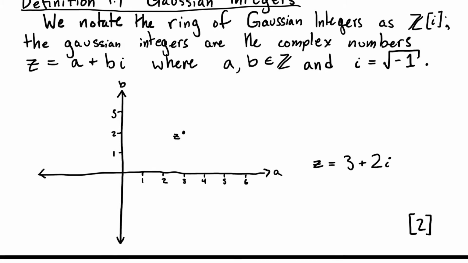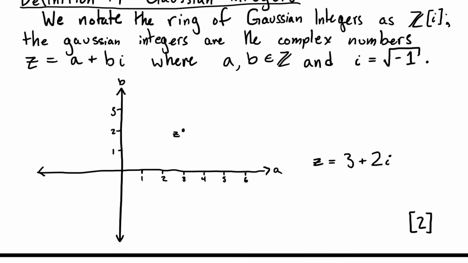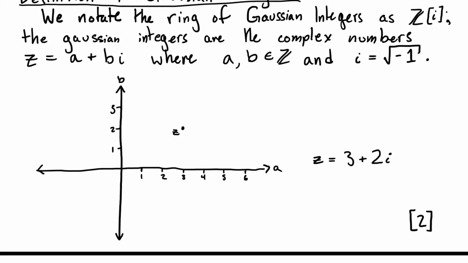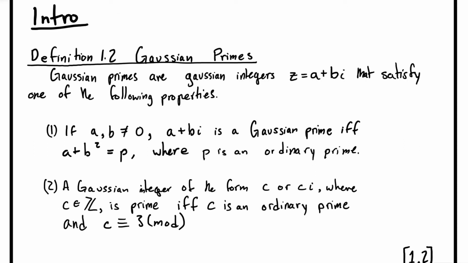Now, a Gaussian prime is a Gaussian integer z equal to a plus bi that satisfies one of the following properties. If neither a nor b is equal to 0, then a plus bi is a Gaussian prime if and only if a squared plus b squared is equal to p, where p is an ordinary prime, or a prime in the real numbers.